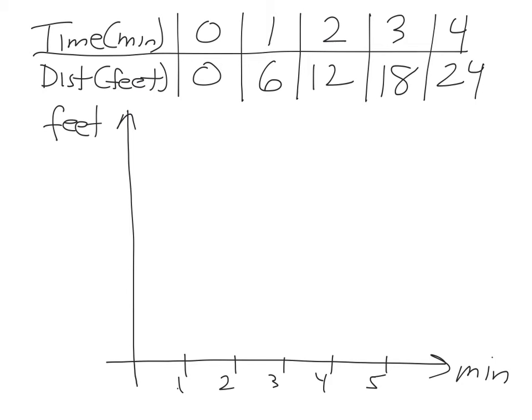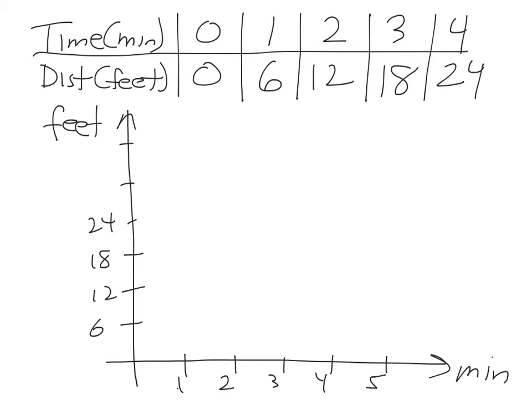On the y-axis, I don't want to go up by ones, because that would be a really big one. So I'm going to go 6, 12, 18, 24. As long as I go up by a constant rate, I can do that. If I went up like 2, 7, 15, 35, I can't do that. It has to be the same interval going up.